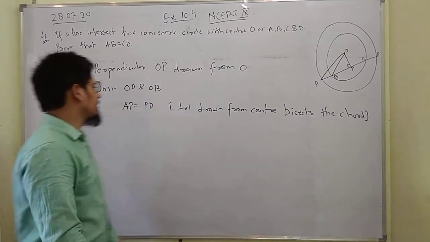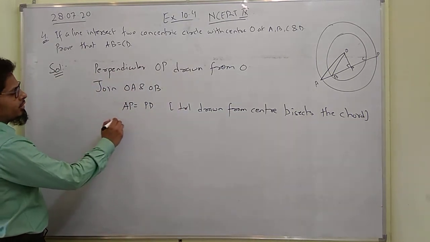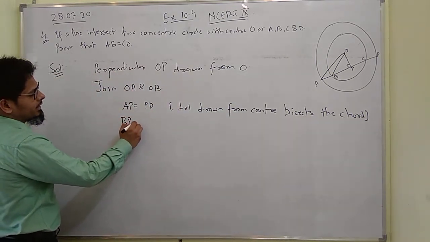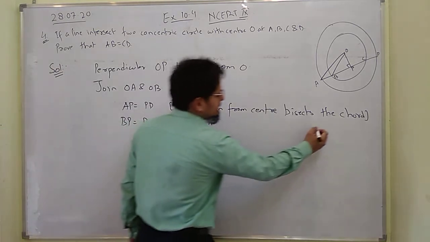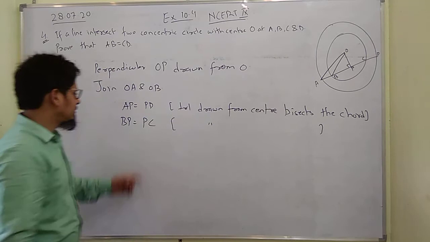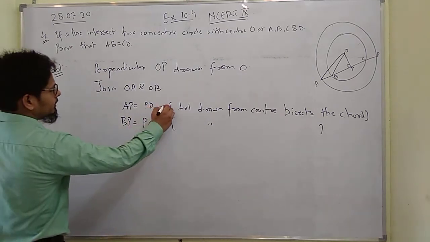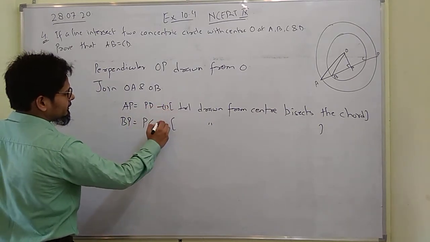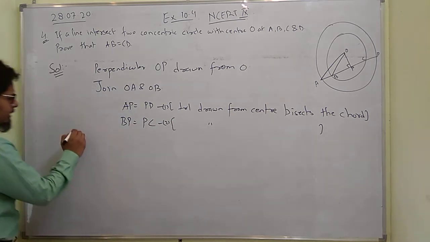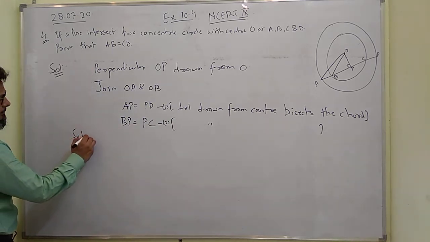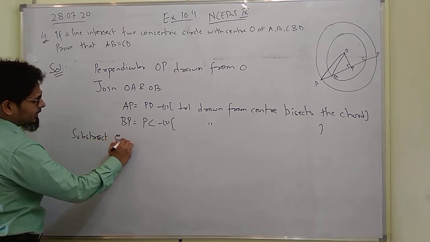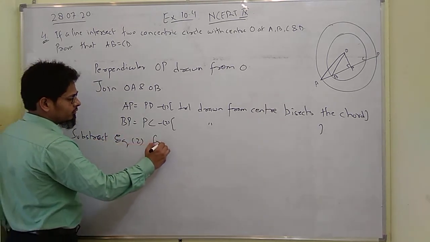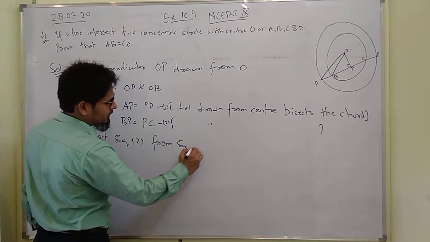Next you write BP is equal to PC, and the same reason will come here. This is equation 1, this is equation 2. You write: subtract equation 2 from equation 1.